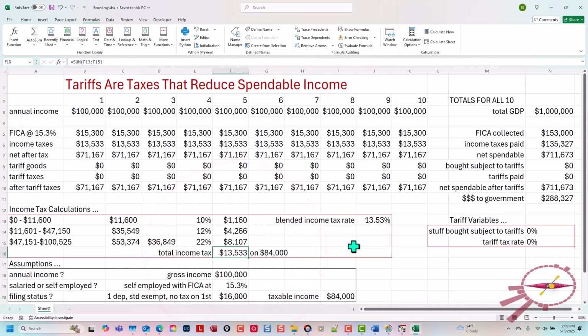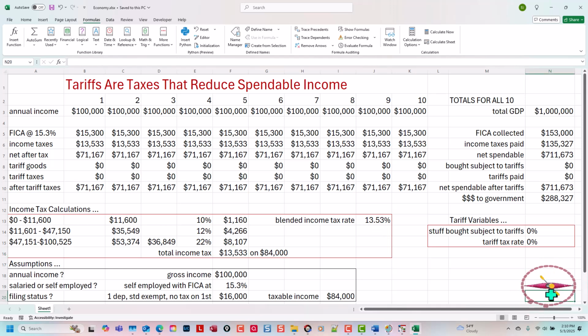Accordingly, total income taxes due on $84,000 of taxable income is $13,533. Looked at another way, if you look at this tax on a $100,000 income, the blended tax rate is 13.53%.